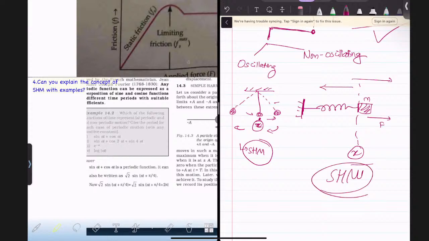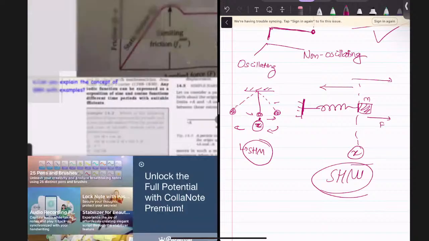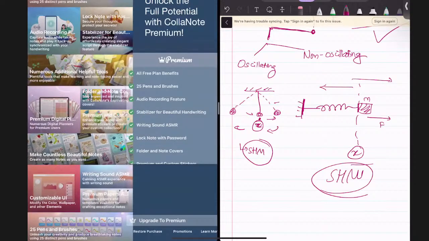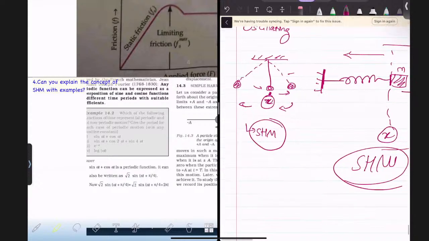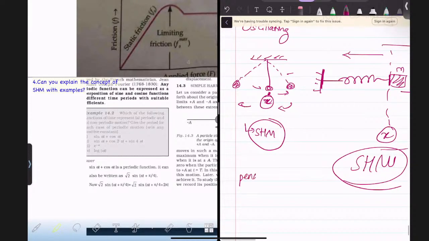So simple harmonic motion का basic definition क्या है? If an object is continuously moving around the same point, that is known as SHM. SHM का बहुत सारा example है. For example, this pendulum को अगर आप force देके छोड़ोगे तो it will move around the same point. This is an example of SHM. और एक example क्या है?